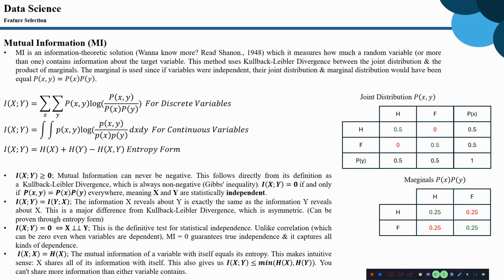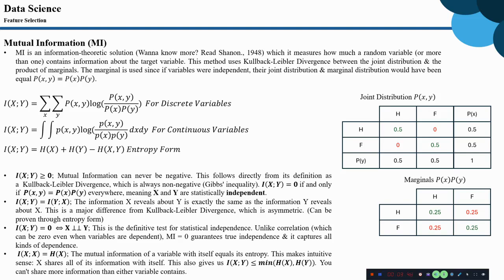So the information that precipitation reveals about stream flow is the same as what stream flow reveals about precipitation. If mutual information is equal to 0, it guarantees true independence. Imagine that mutual information between your stream flow and precipitation is 0. It means that these two variables are independent and you can just not use it.